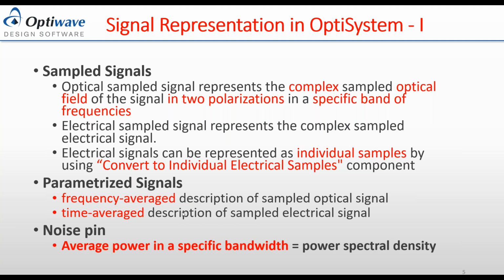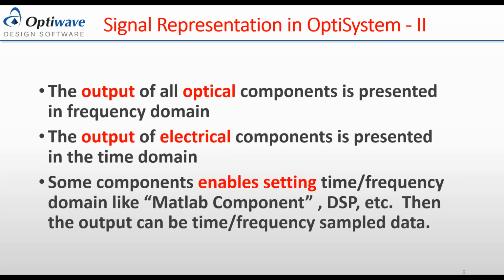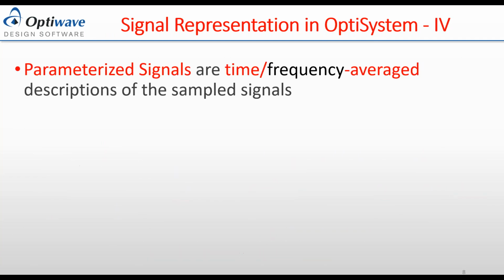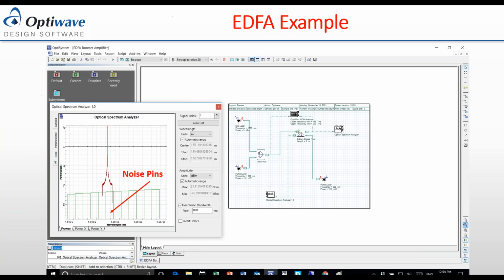Now, the last representation of signals is the noise bands. Typically, the noise bands are defined as you see here, for example, in this picture. So, in this picture here, you can see the noise bands. The noise bands basically define the average noise power per frequency range.